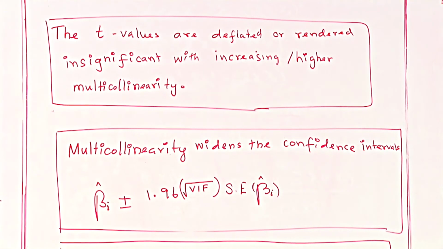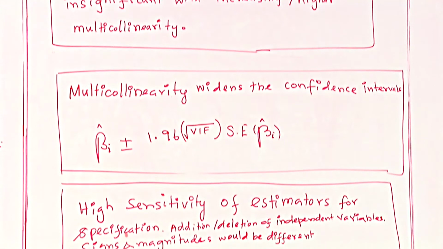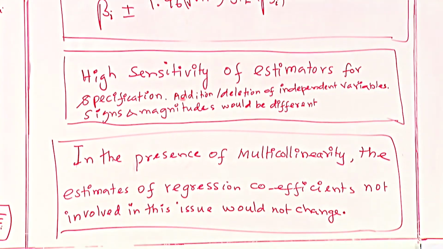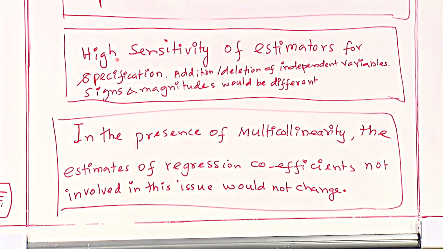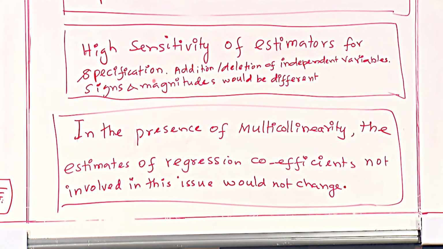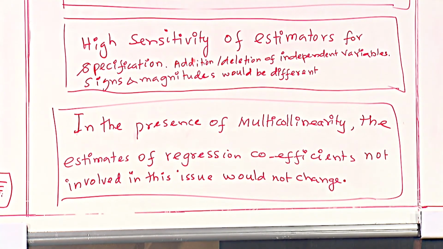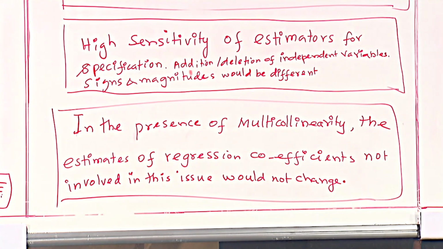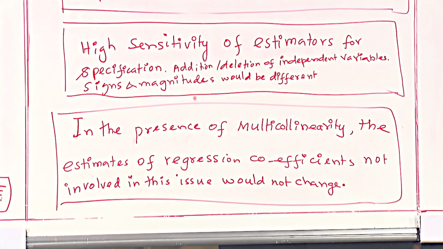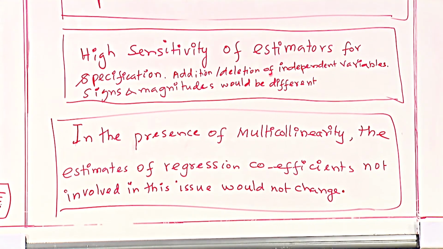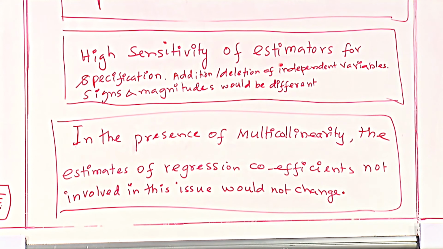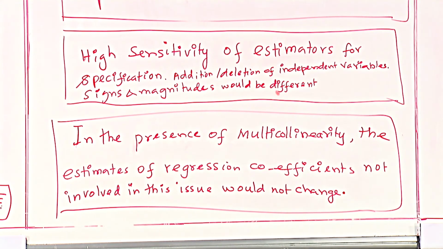Another important problem is the high sensitivity of the estimators to the specification. It is highly sensitive because, for instance, addition or deletion of independent variables will change the signs and magnitudes of the regression coefficients which are affected by the multicollinearity problem severely.